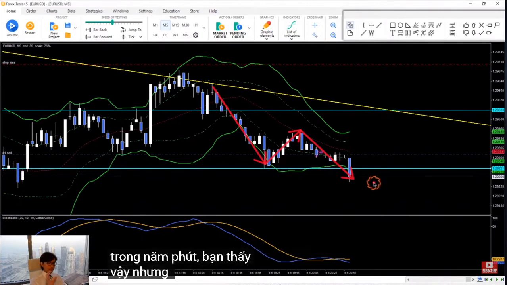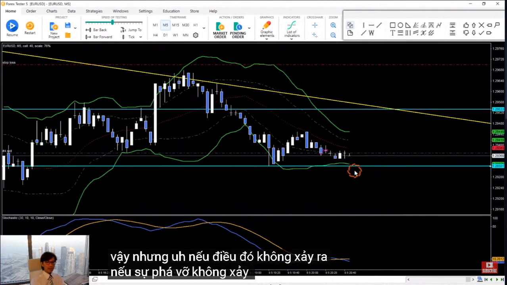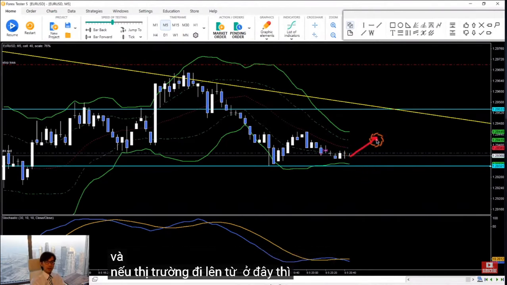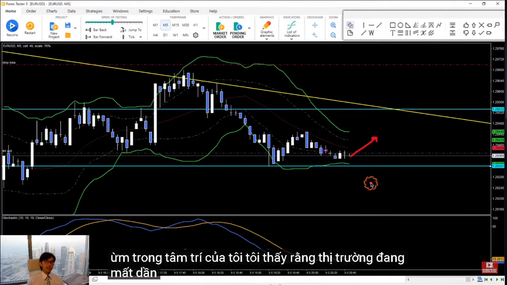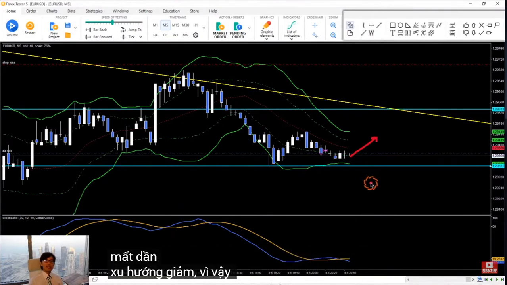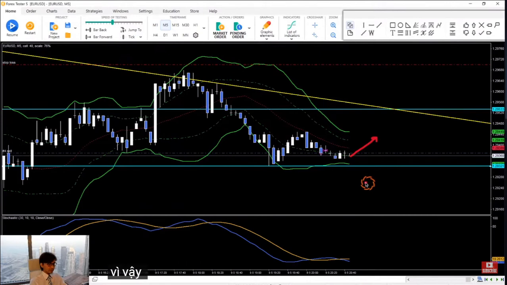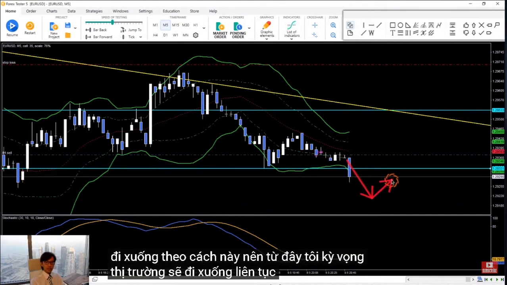But if the breakout doesn't happen like this, and if the market goes up from here, then in my mind, I see that the market is losing its bearishness, so I will think about the exit timing. In today's demonstration, the market goes down this way. So from here, I expect the market to go down continuously in this direction.